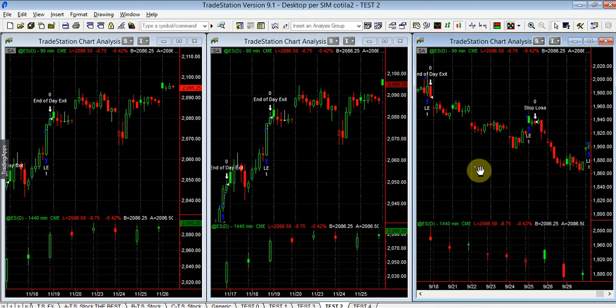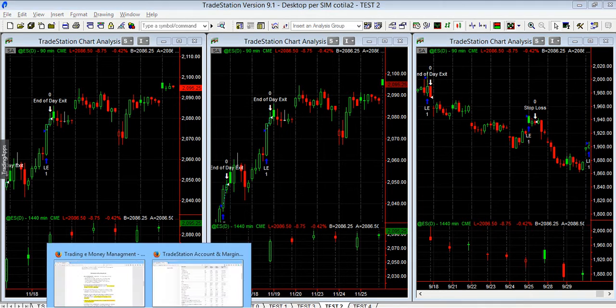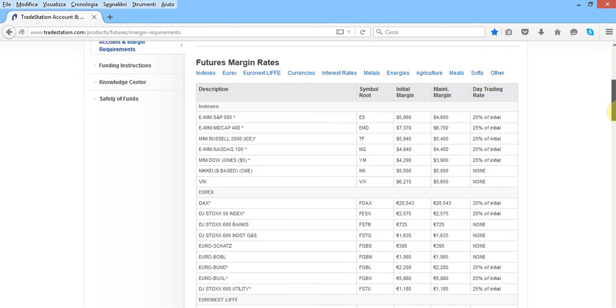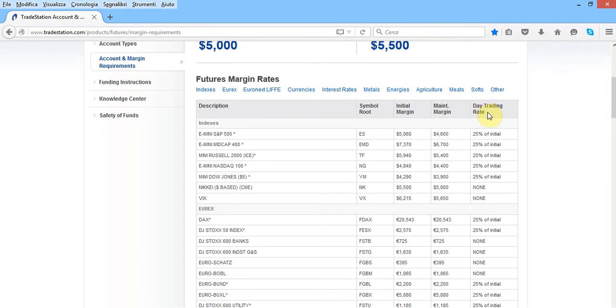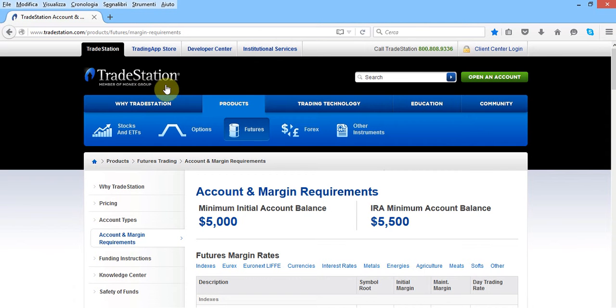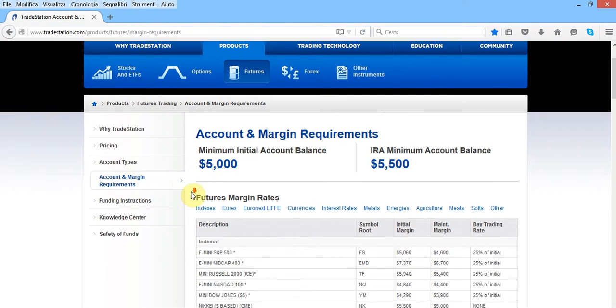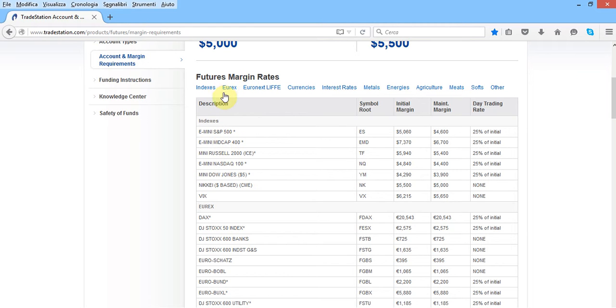I'm focusing only over certain hours of trading. The starting idea comes from the certain conditions which are applied when you trade during certain hours. If you go on the website of TradeStation and have a look at the account and margin requirements for futures, you might see that for the mini S&P 500, mini Nasdaq, or mini Russell, the initial margin can be much less.